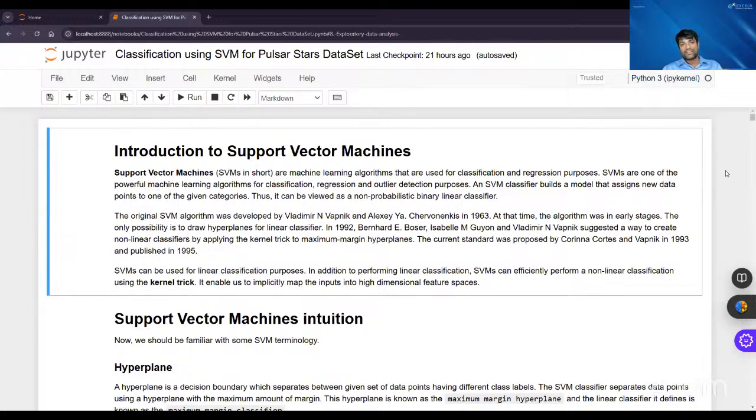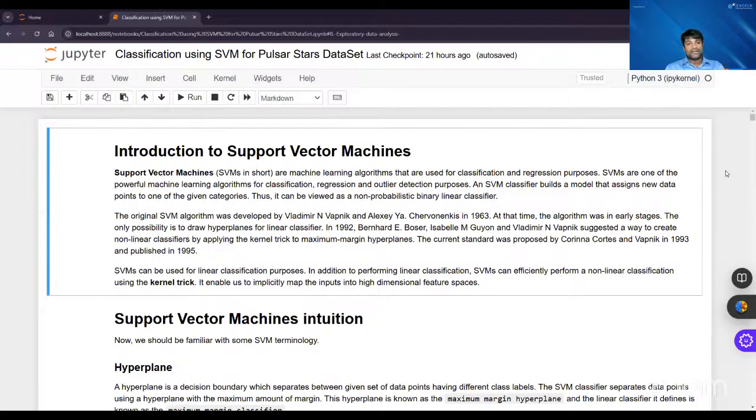The original algorithm of SVM was developed in the 1960s. The base for that algorithm started in the 1960s, where they started drawing a hyperplane. When we go a little further, I'll tell you what a hyperplane is and why the word hyperplane is mentioned in the concept of SVM.